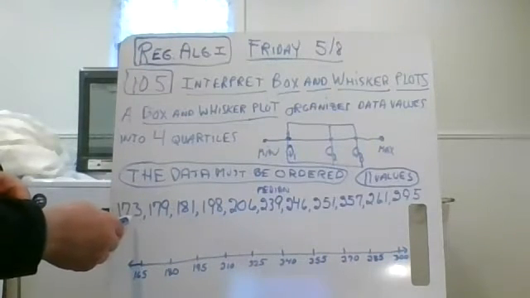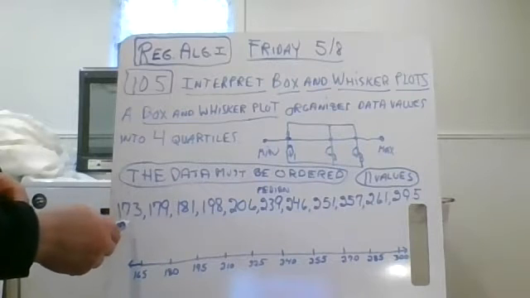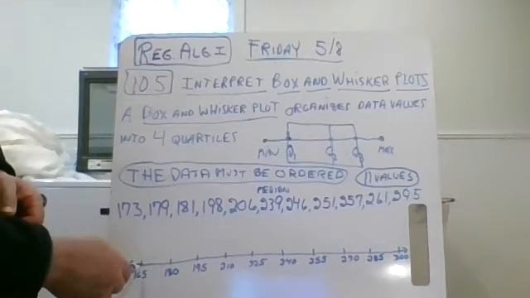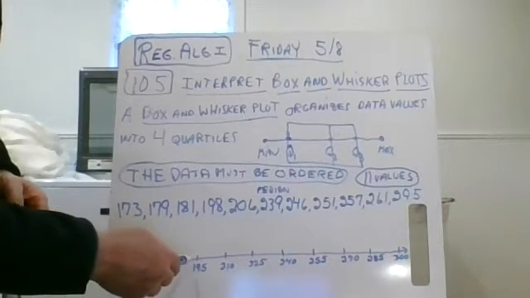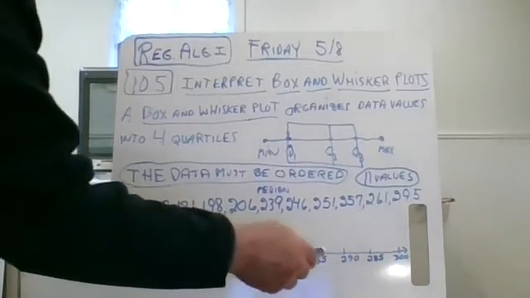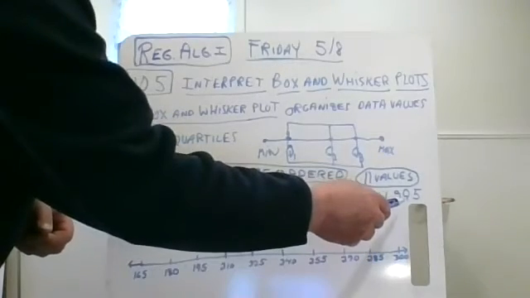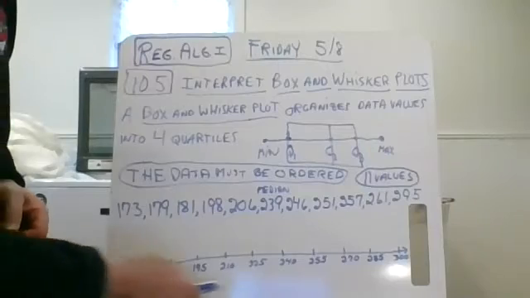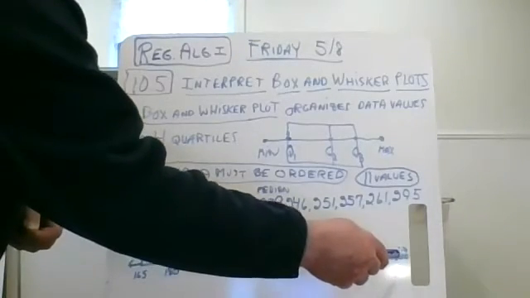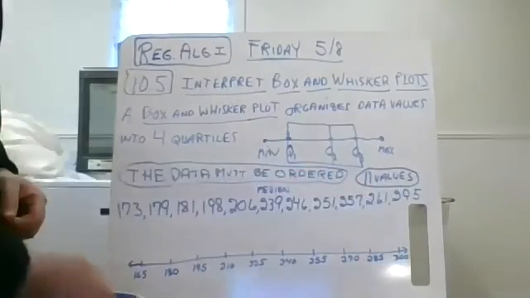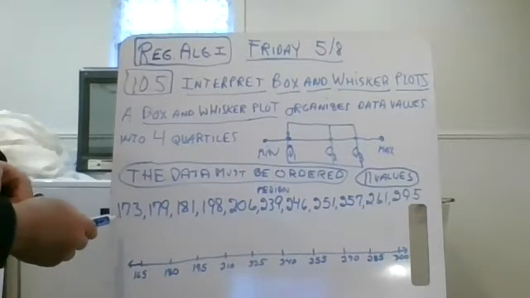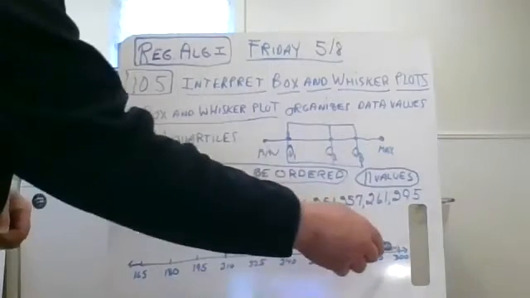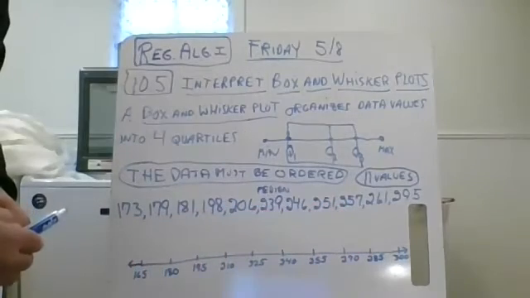You want to start it with either a multiple of 10 or a multiple of 5. And then you're going to decide to go up by a certain amount until you cover the last data value. So mine goes from 165 to 300. 300 is bigger than the 295, and the 165 is less than the 173. So all these values are somewhere on that number line.